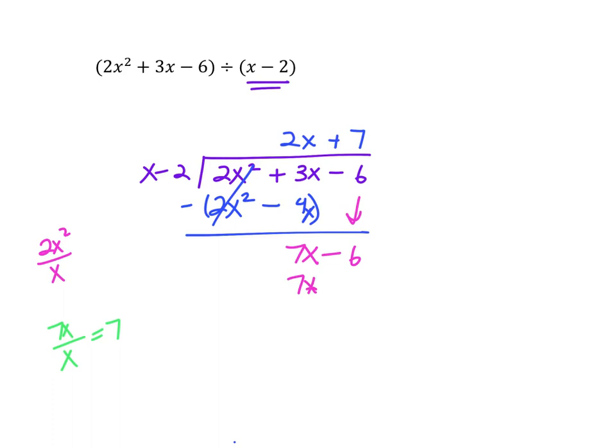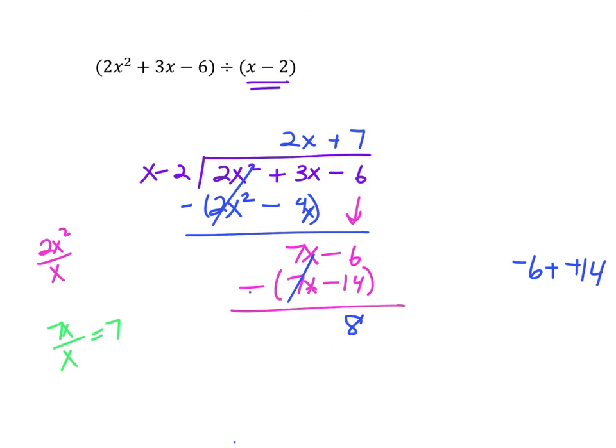And then we do 7 times negative 2, which is a negative 14. And then we subtract. 7x minus 7x does cancel. And then we have a negative 6 minus a negative 14. If I write that over here, minus a negative 14 turns into addition, which gives us a positive 8.